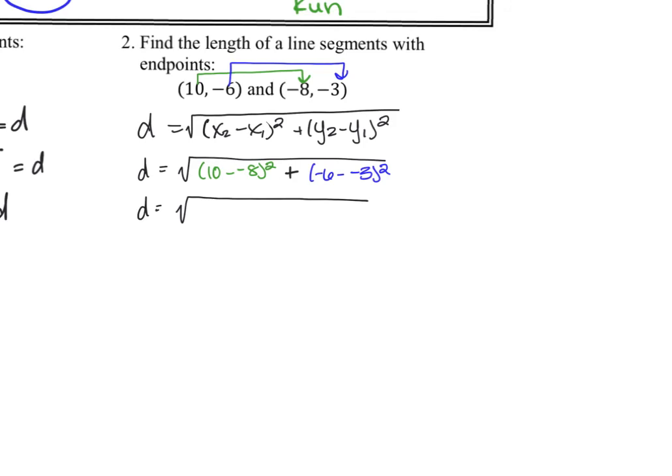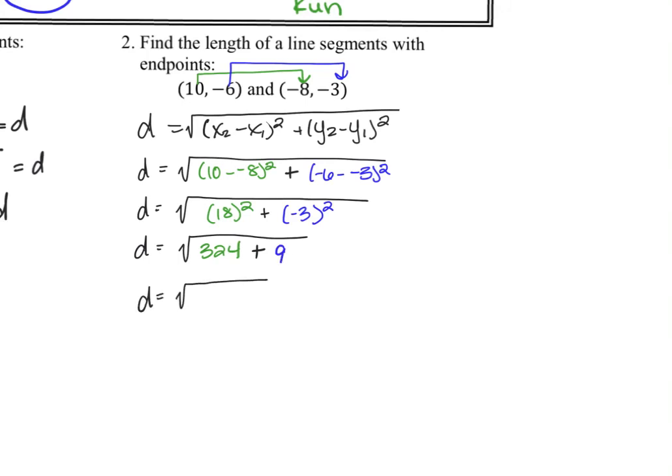So 10 minus negative 8 is 18 squared. And then negative 6 minus negative 3, that's negative 3 squared. And then 18 squared is 324. Negative 3 squared is 9.